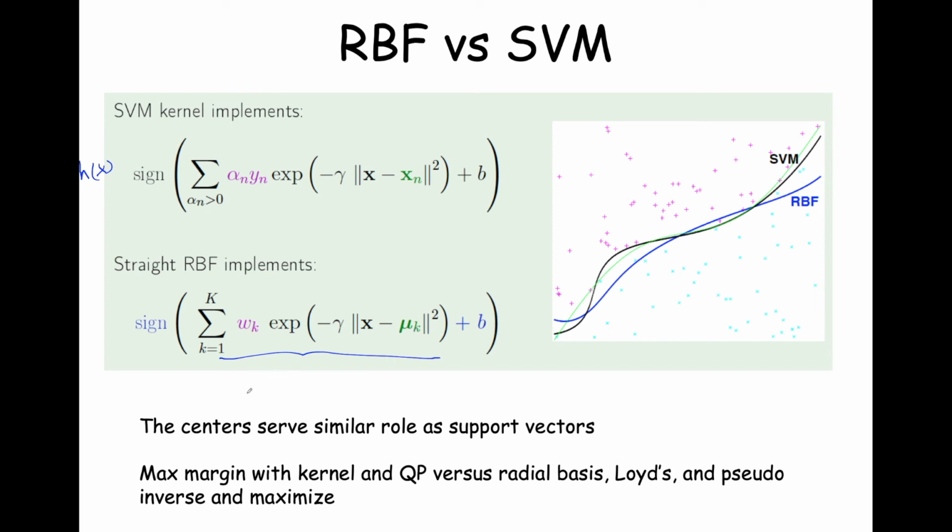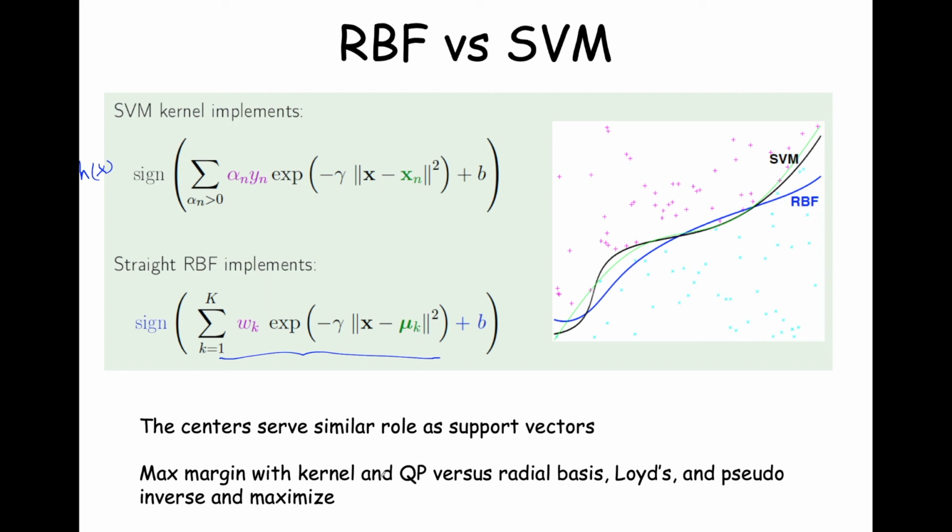The centers in the radial basis version of classification serve a similar role as the support vectors. They determine what the hypothesis is. You can think of these centers as parameters for this radial basis function classification approach. For the support vector machine, we have max margin with kernel, and we use quadratic programming.